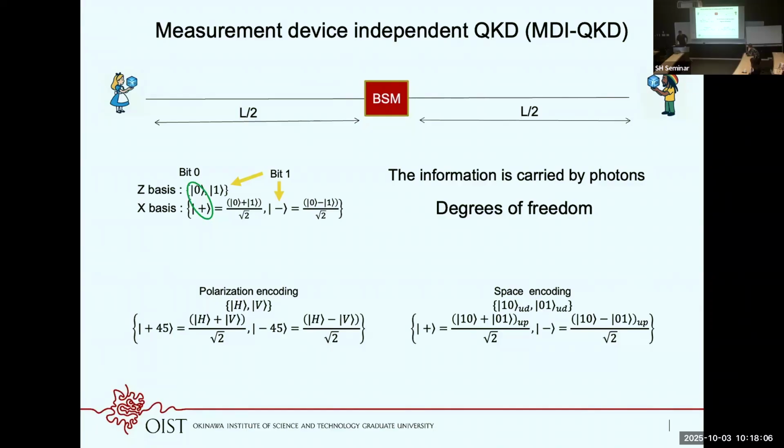That's another type of encoding that I will use in the next slides, which is why I put it here. As you can see, they are perfectly the same. So you can write H as 1, 0, V as 0, 1, and of course, plus 45 and minus 45 will be the X basis encoding.